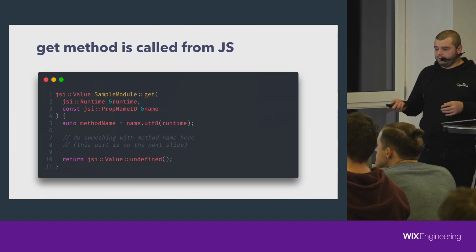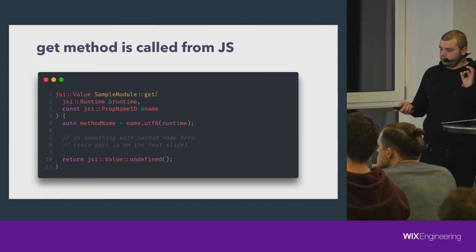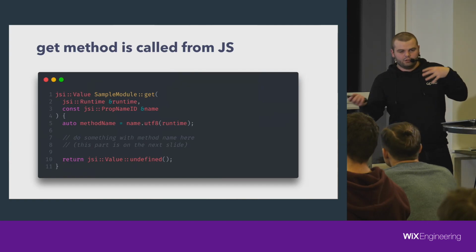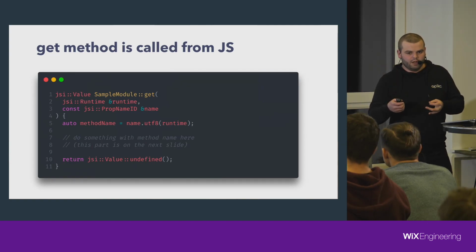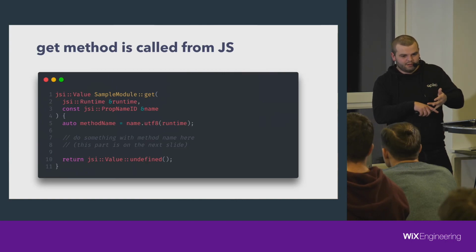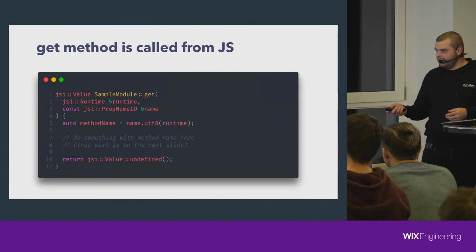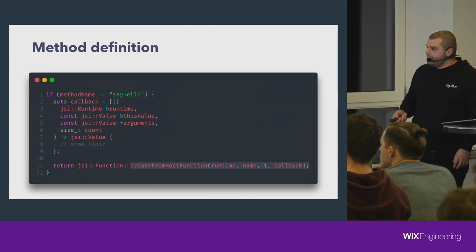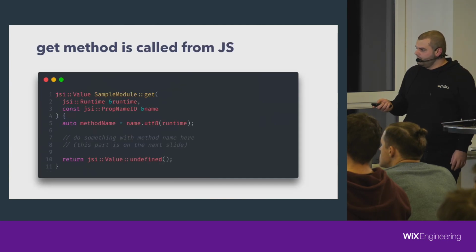You can do some logic, and at the end you should always return something. We all know that when you do something in the console, at the end it always returns undefined. It's the same here, you should return undefined at the end. And that's the code right here.